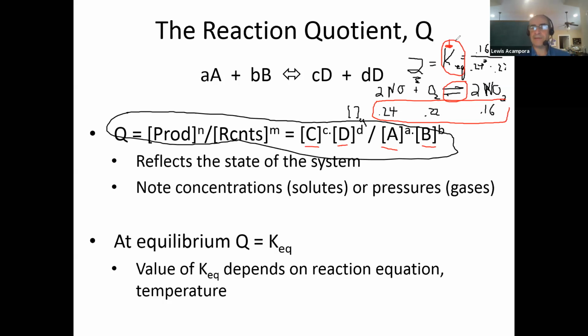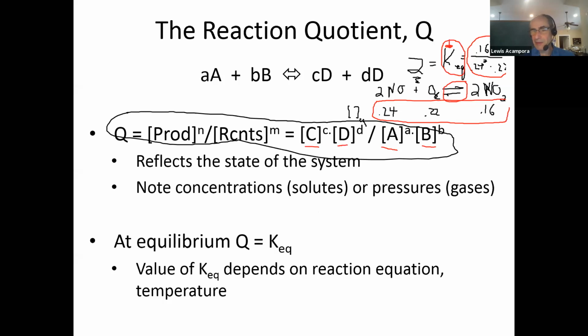The bigger the value of K, the more strongly the numerator, which represents a product concentration, is favored over the reactants. If K is 1 or very close to 1, then my reactants and products have comparable concentrations. But if K had a value of 10,000, then at equilibrium, the products would have a higher concentration than the reactants.